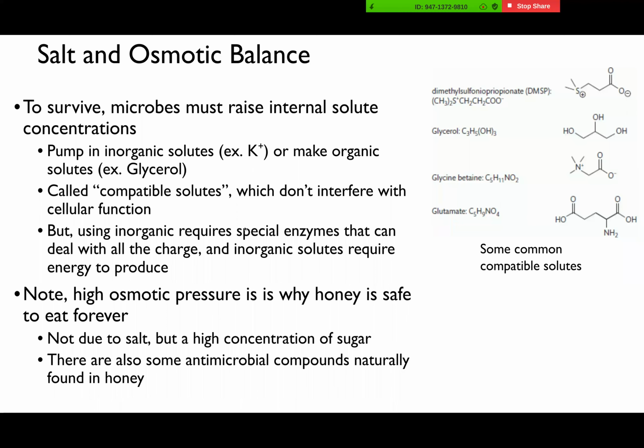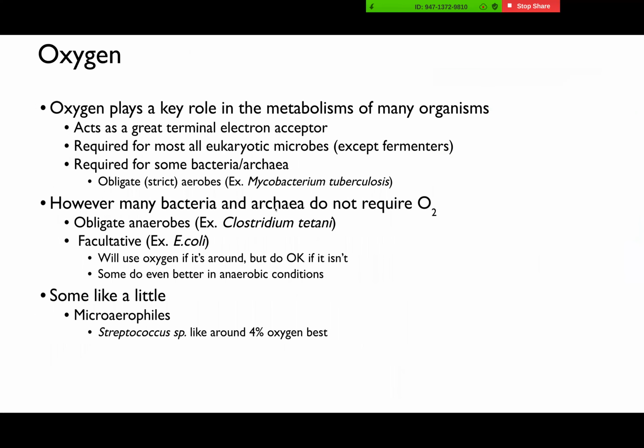Because of the high osmotic pressure inside honey, it's safe to eat almost indefinitely. So when they find honey that's hundreds of years old, sometimes even thousands of years old, you can still eat it, and it's all safe because of the high osmotic pressure, which is pretty cool.